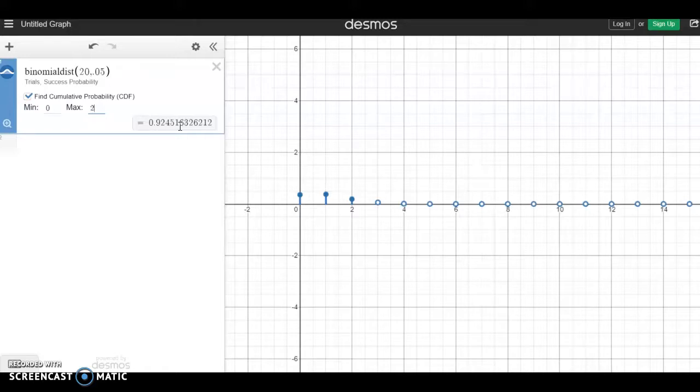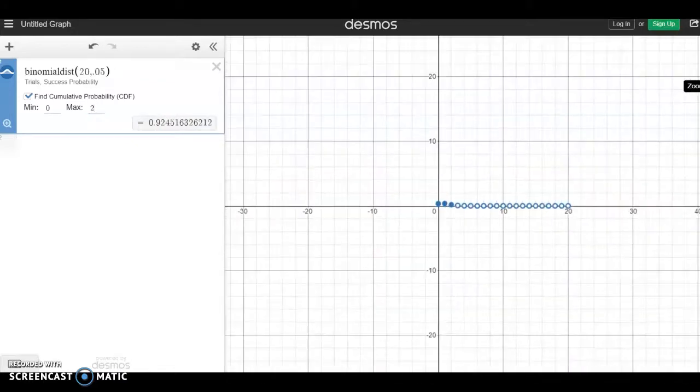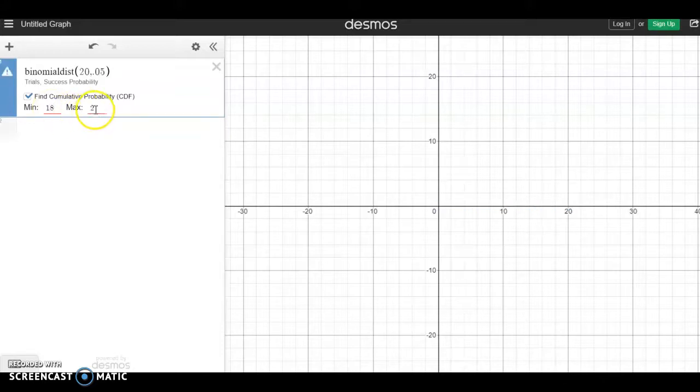The problem is it always goes to the left. So if you want, say, what's a probability, and again, there's some stuff you can't see here. I should minimize because there's all 20, right? The other thing on Desmos is, say I want the probability of maybe 18 through 20 of them. So 18 of them defective through 20.